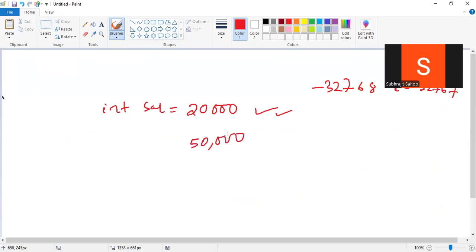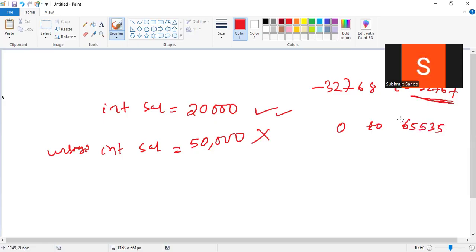Can I store this 50,000 in int salary? No, I cannot store, because integer is the signed integer. Its range is up to 32,767. Sir, can I store it in unsigned integer? Yes, I can store in unsigned, because the unsigned range is 0 to 65,535.